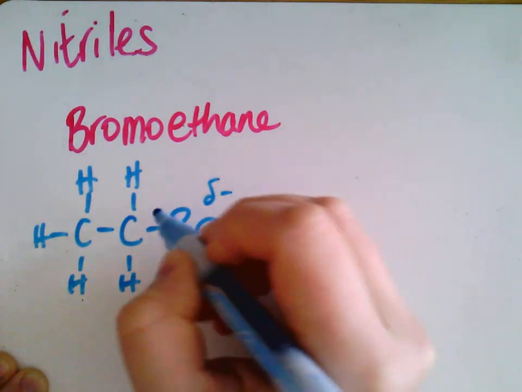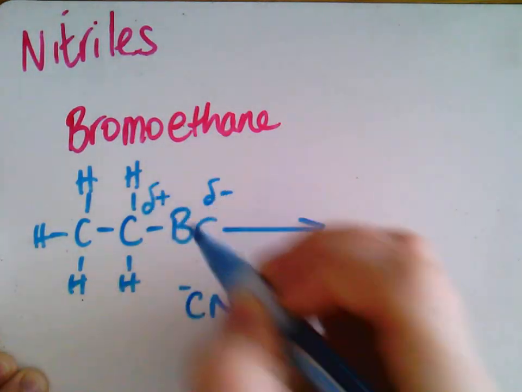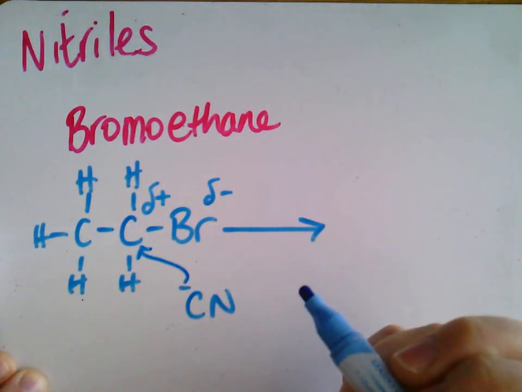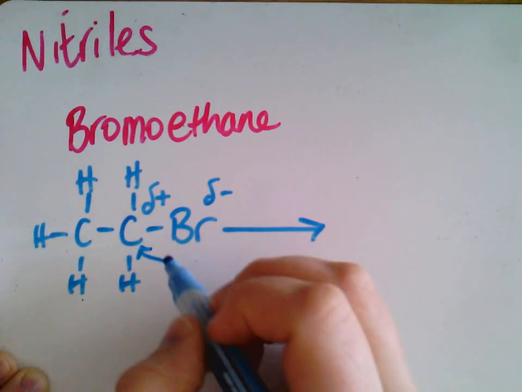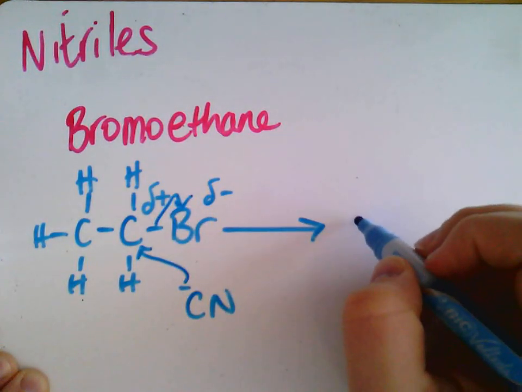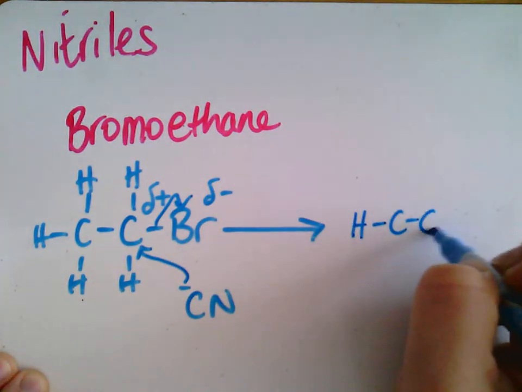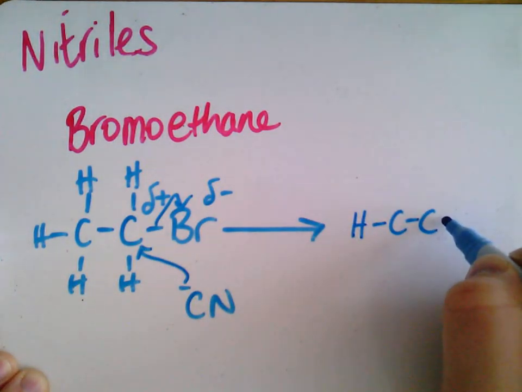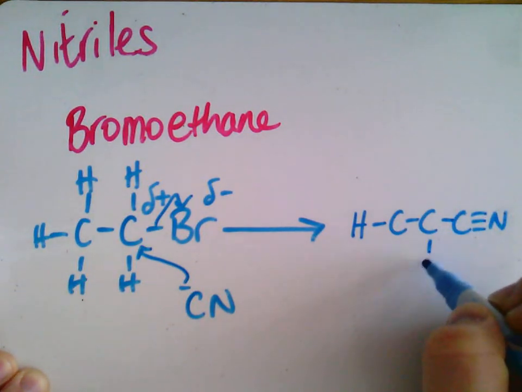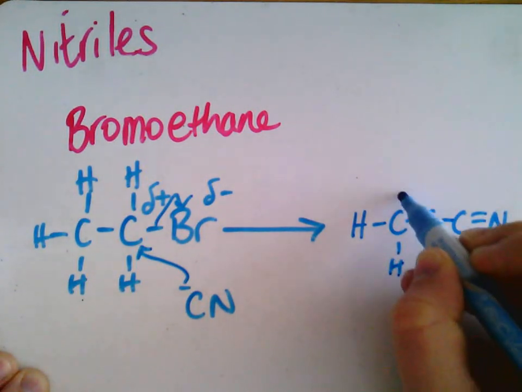It's going to attack because the bromine is more electronegative than the carbon, which creates that little bit of asymmetry so that my cyanide can attack the carbon. Movement of electrons onto my bromine, and I'm going to see after my 2 carbons from my ethane that I then have addition of that 3rd carbon from my nitrile group.